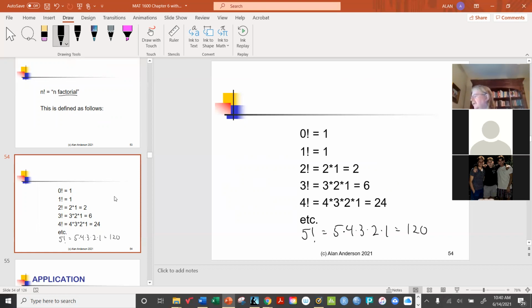Now, depending on which calculator you have, you probably have this button built into your calculator. If you're using the Texas Instruments series, let's say you wanted to calculate 8 factorial. What you would have to do is type 8. Then you hit the math button. Then you have to shift over to the PRB menu.